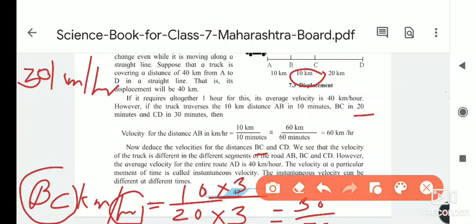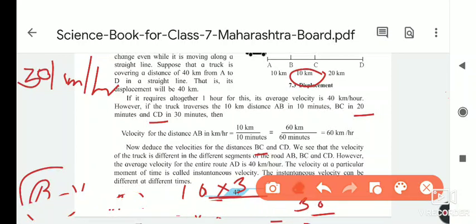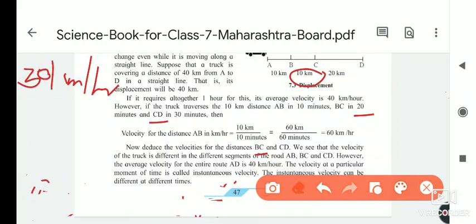Now we have to find out the velocity from C to D. From which place? C to D. So for that, how much time had that vehicle taken? CD is equal to how much distance? 20.